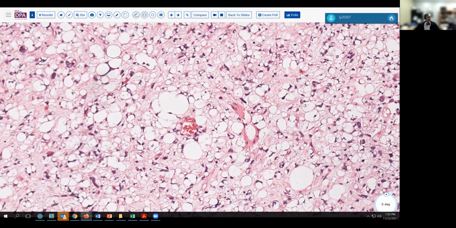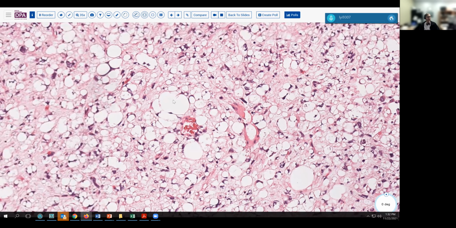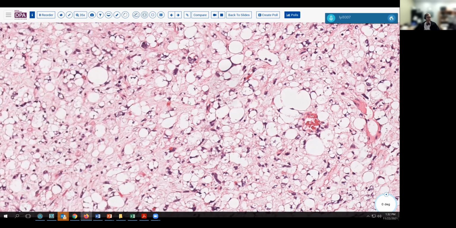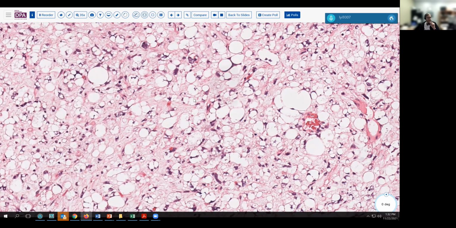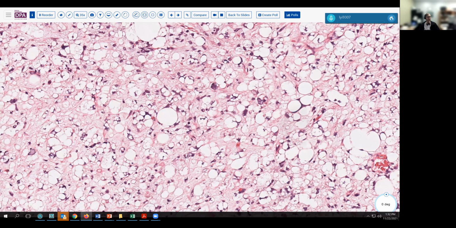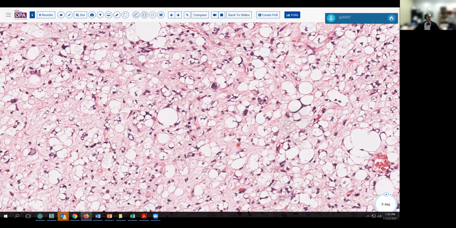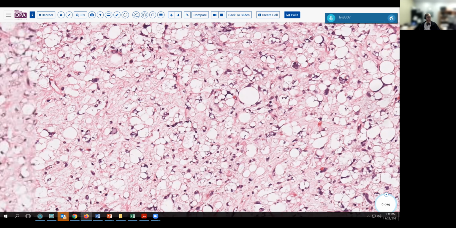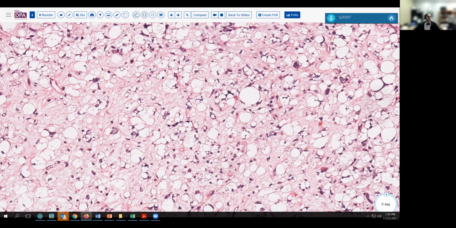So here, a very typical lipoblastic type of pleomorphic liposarcoma. There are several other morphologic patterns and variations on this tumor, which, though rare, seems to have no difficulty in finding a variety of ways to express itself and create interesting morphologic patterns.